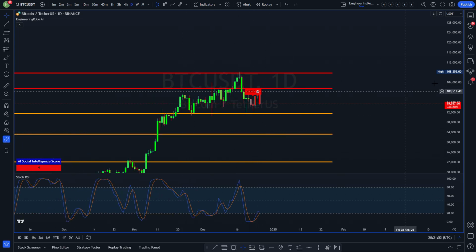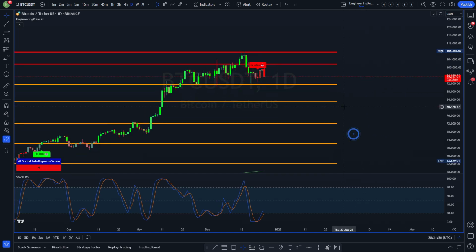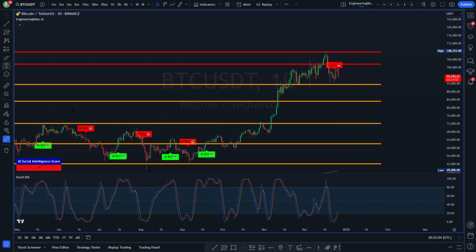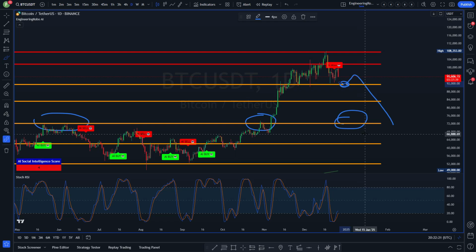So this would suggest to me on a daily time frame, where the bigger institutional traders are, potentially that this area is the one that we ought to be looking at, and that's around the 72 price range. There could be a small bounce here before a dip down. That could be worth a risk, but if you're a long-term investor trader, then 72k is probably where you're looking at in terms of going long for the longer term.